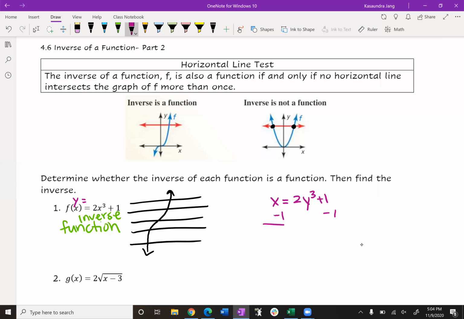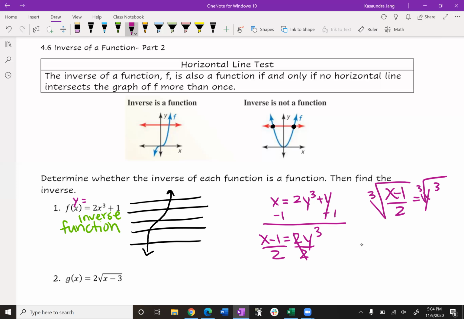So if I subtract 1 from each side, I then divide by 2 on each side. All right, I'm going to move this over here. And now I'm going to do a cube root of each side, and I mean the entire side. So my cube exponent is gone just for a y. All right, and here's my cube root of x minus 1 over 2.